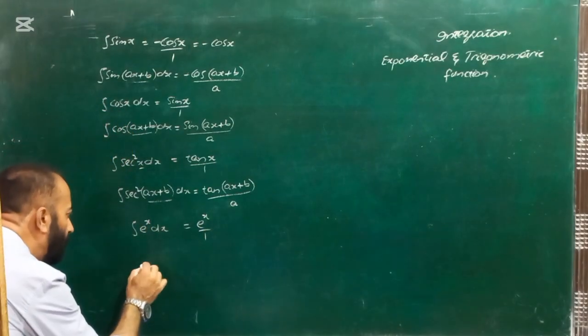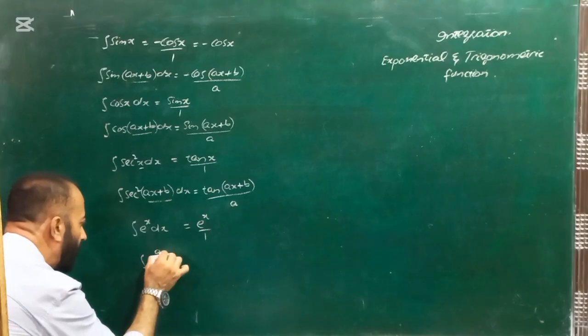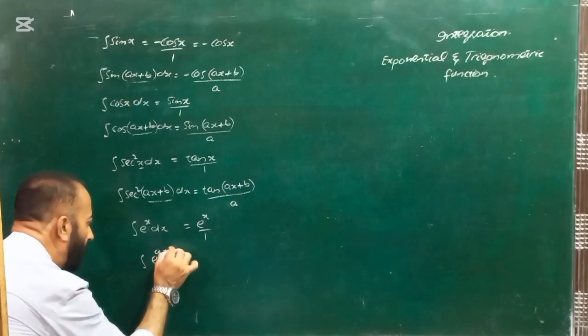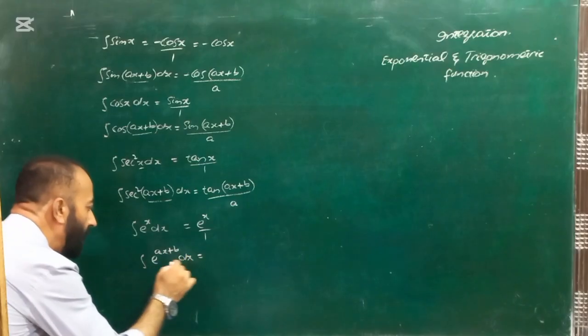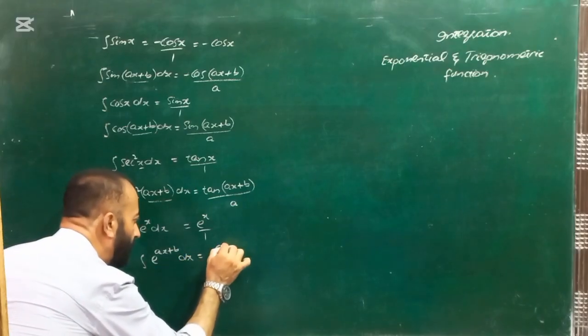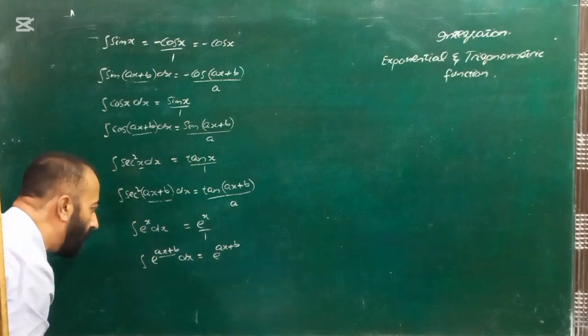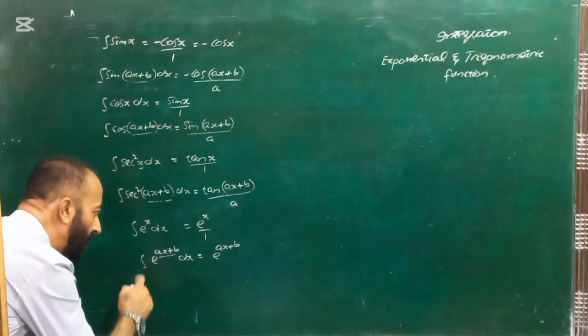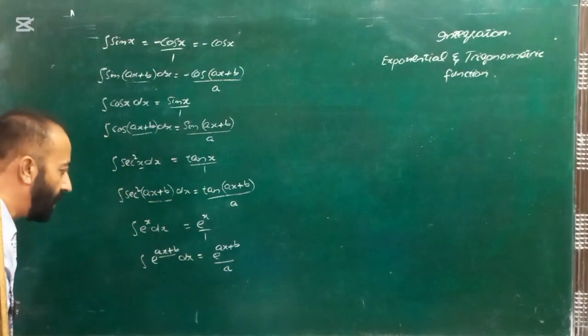So look now, I'm going to change the power. That is now e raised to power ax + b. So first e raised to power ax + b will be written as it is. Then we will take the differential of the power. The differential of the power will be a. So we will put a into the denominator.